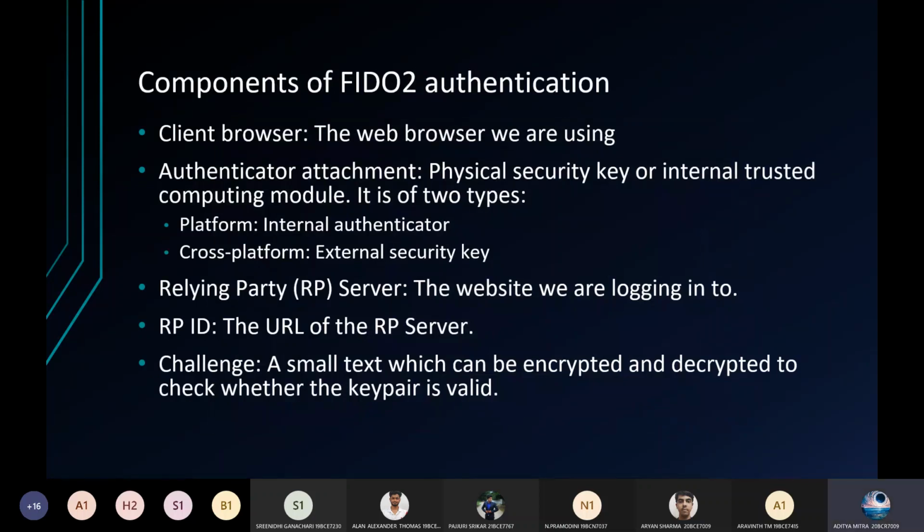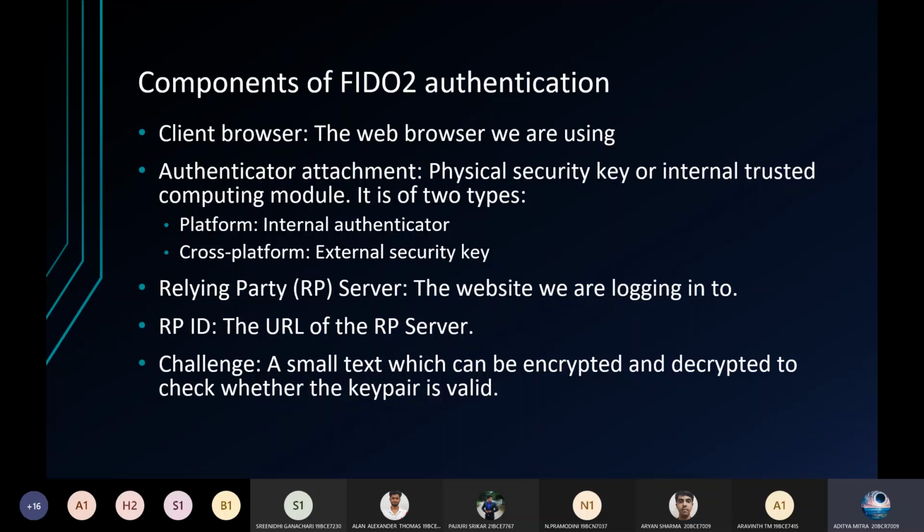Components of FIDO2. These are client browser. This is the web browser we're using. The authenticator attachment is the physical security key or internal trusted computing module. It serves two types.